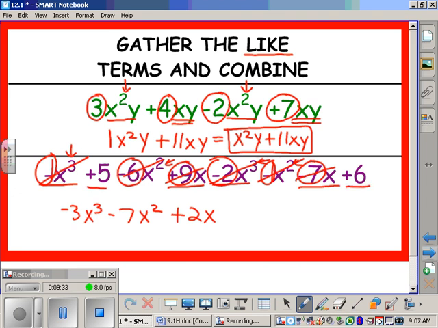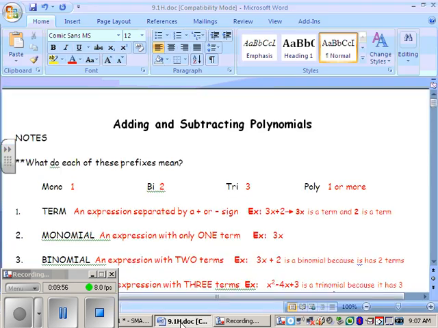And just like the others, they are considered like terms, so we'll simply combine them together, leaving us with a final constant of 11. So we've done two things here. We've both combined our like terms by adding the coefficients, as well as put our answer in standard form. Let's take a look at some further details about what you've learned.